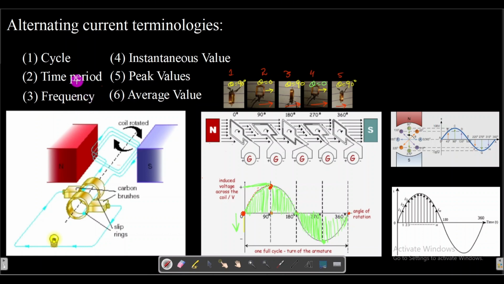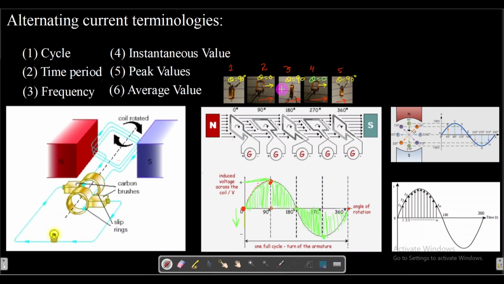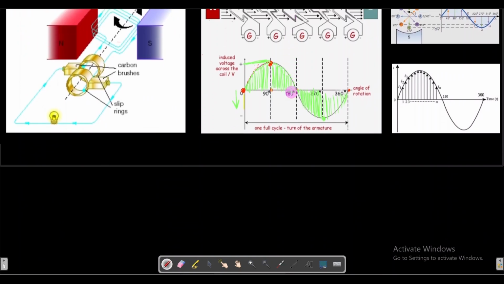Frequency is actually the number of cycles, or the number of rotations per second. That is, how many times this coil is rotating inside the magnetic field per second.